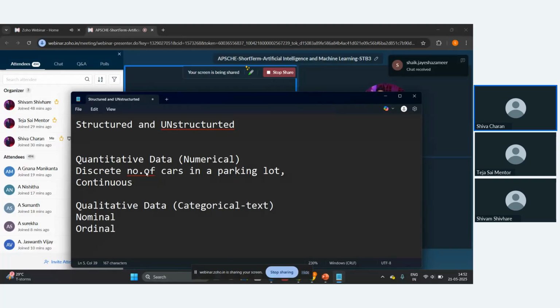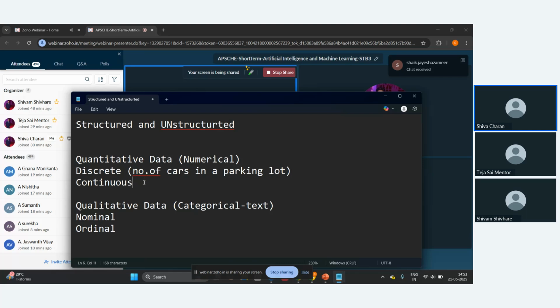Anyone can give any other example? Okay, how many weeks in a year? Deck of cards. Number of students in class. Okay, fine. So hopefully everyone got to understand about discrete, right?